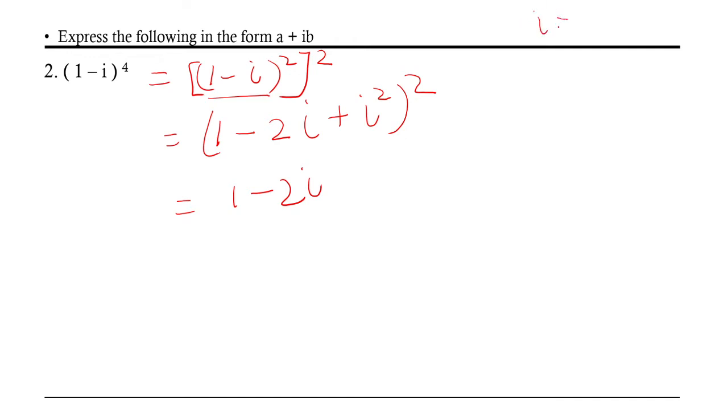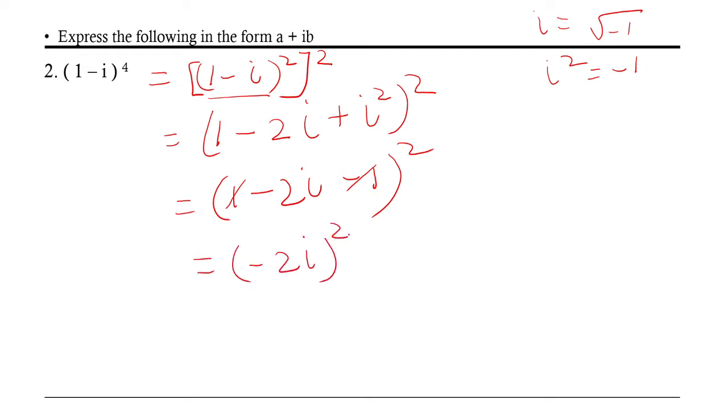This is equal to 1 minus 2i. We know i is equal to square root of minus 1 and i square is equal to minus 1. I am substituting here. So I get (1 minus 2i minus 1) the whole square. Here this one and this one cancel out, 1 minus 1 is 0. So this is equal to (minus 2i) the whole square. This is equal to 4i square. We already know the value of i square is minus 1.